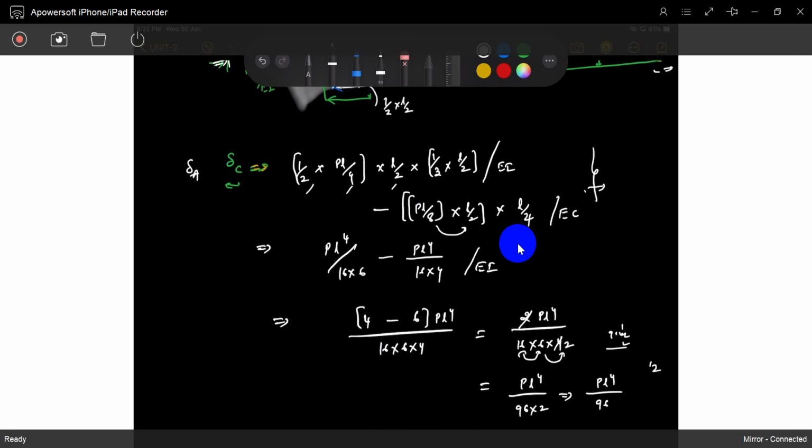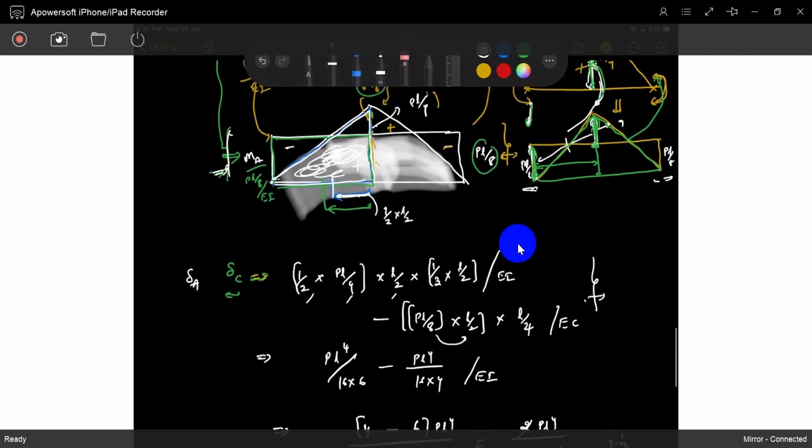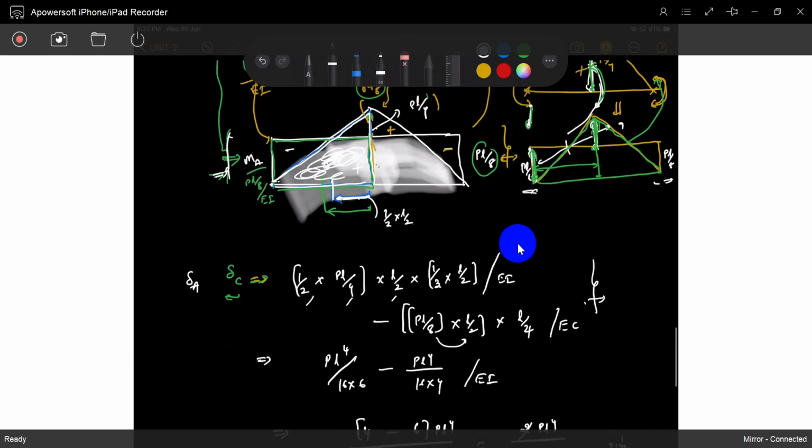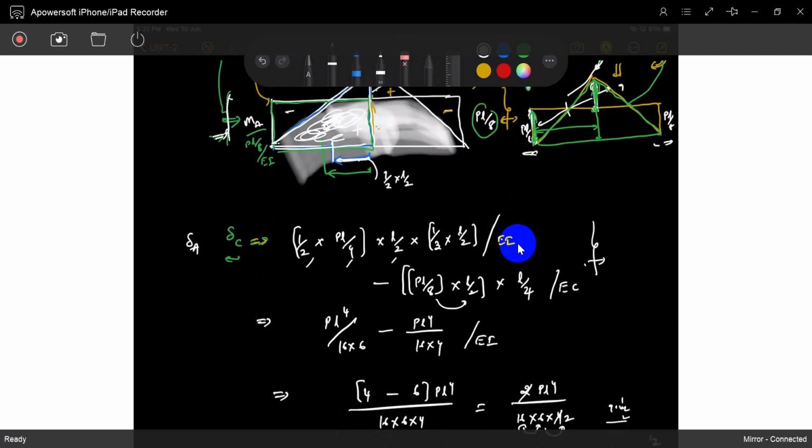Where did we go wrong? So this is PL by 8. Okay, it's PL by 8, L by 2, L by 4. So it's 16 into 4.